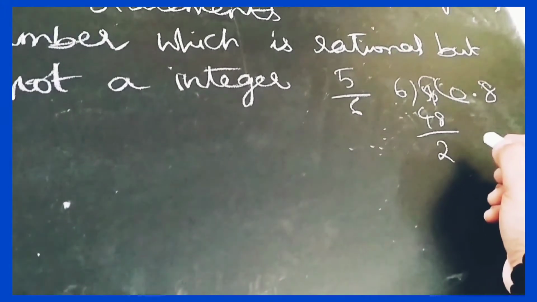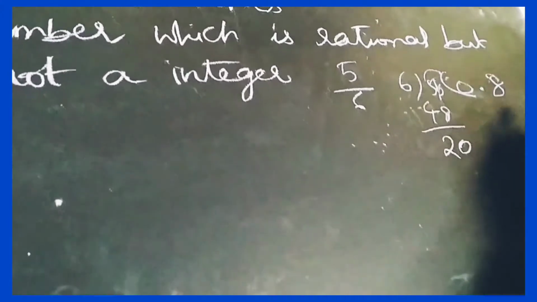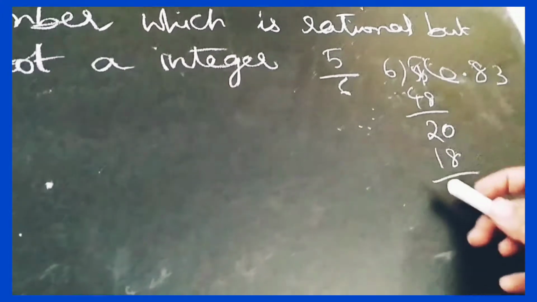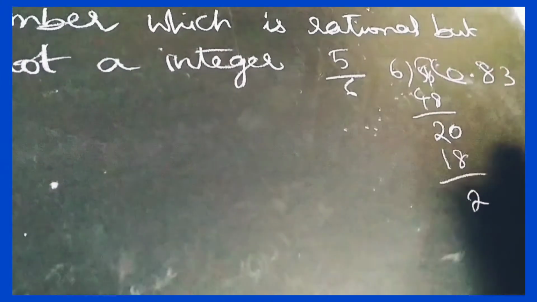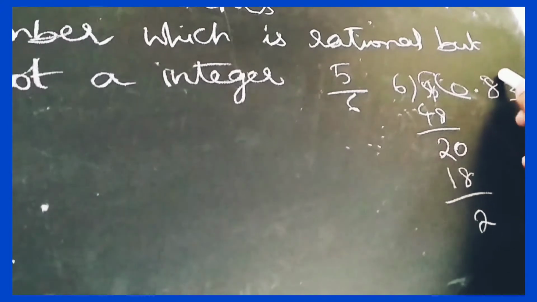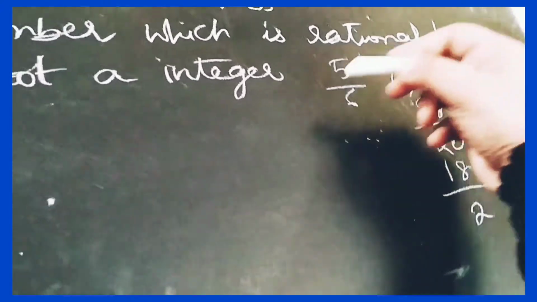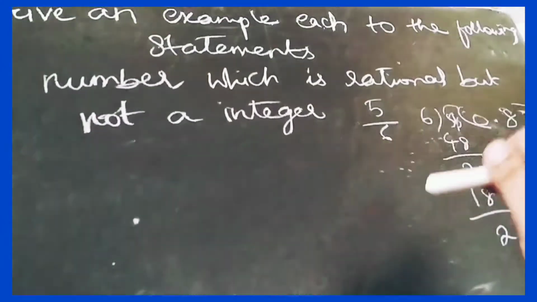Okay, so here we can take one more 0 here. Then 6 threes are 18, we can write. Again 10 minus 8 is again 2 here. Okay, again repeating, it will come 0.83 bar. So this number comes as a decimal, so it is not an integer and it is a rational number.